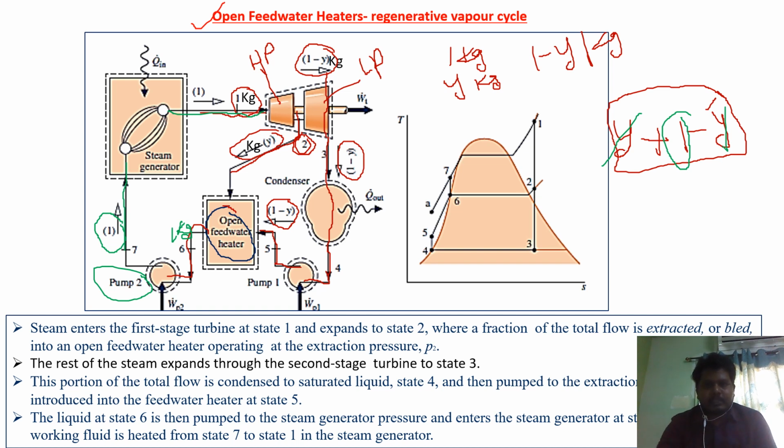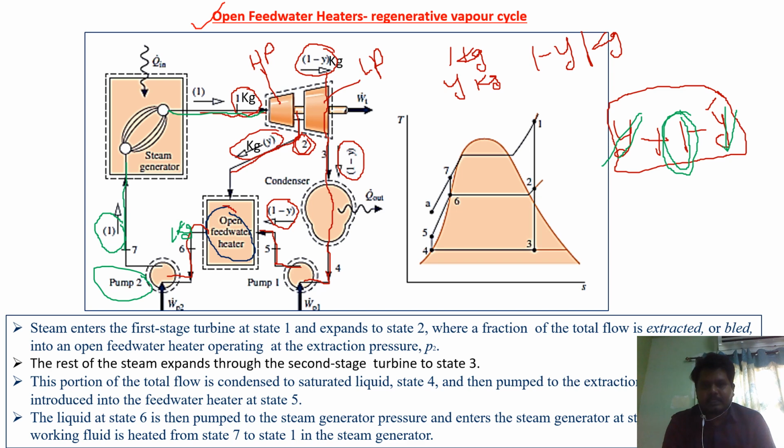When both are mixed directly, the mass Y gets cancelled and the remaining mass is 1 kg. So the remaining 1 kg will enter into pump 2 and the same 1 kg mass will enter into the steam generator. This is regarding the open feed water regenerative vapor cycle.